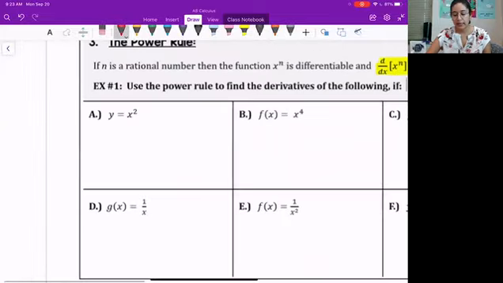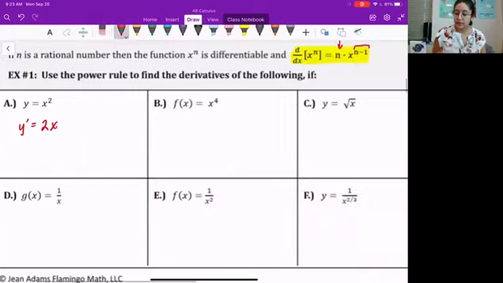Okay, so let's try it here on part A. They gave me the function y, so I'm going to be talking about y prime, the derivative. I'm going to take that exponent of 2 out to the front, copy my variable, and reduce my exponent by 1. So 2 minus 1 is just 1, so I have 2x.